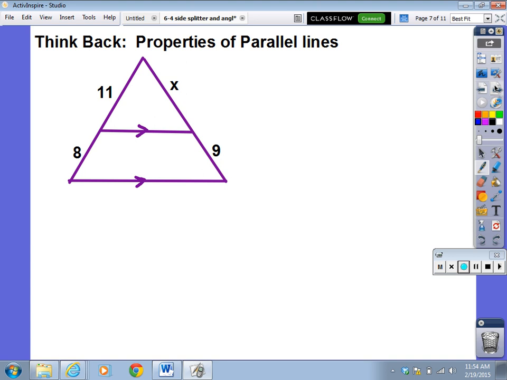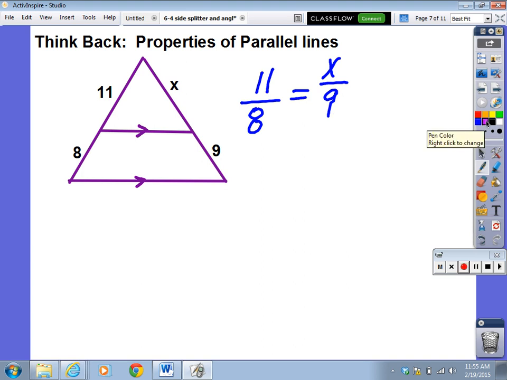We know it's cutting the sides proportionately, so let's set up our ratio. So 11 over 8 will be equal to x over 9 because these parallel lines will be cutting these sides proportionately. So let's go ahead and solve for x now.